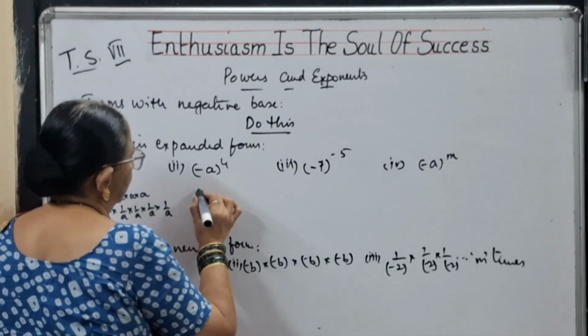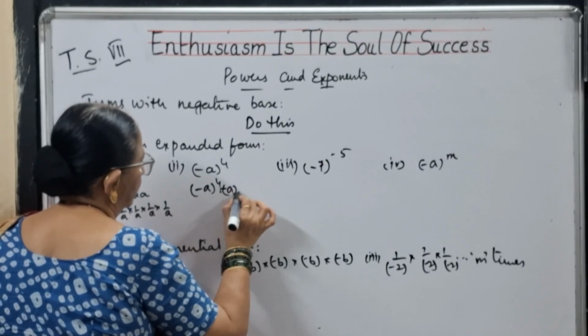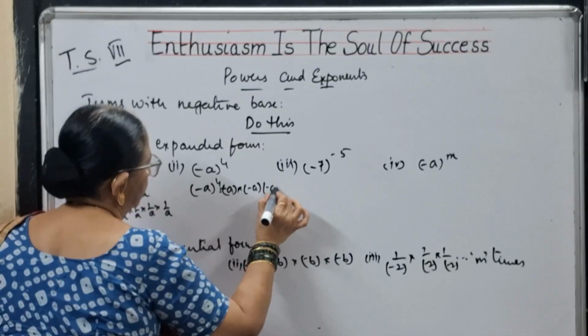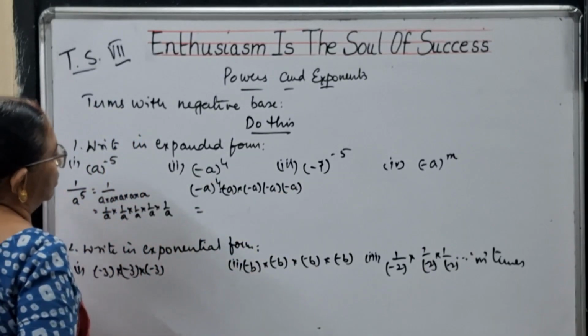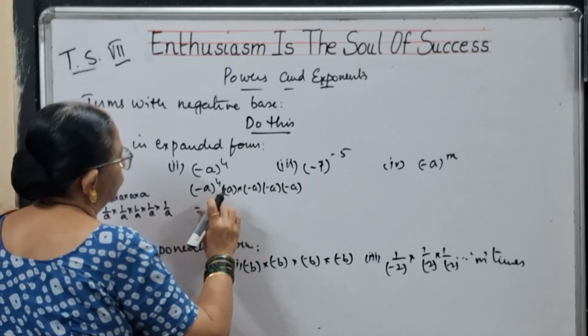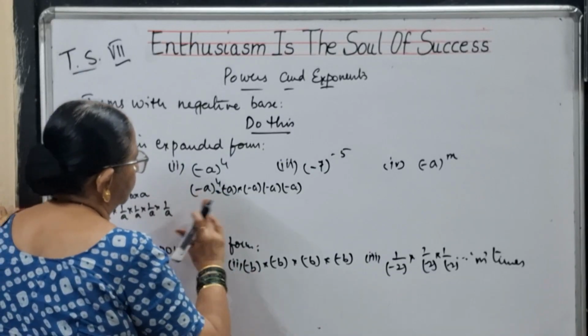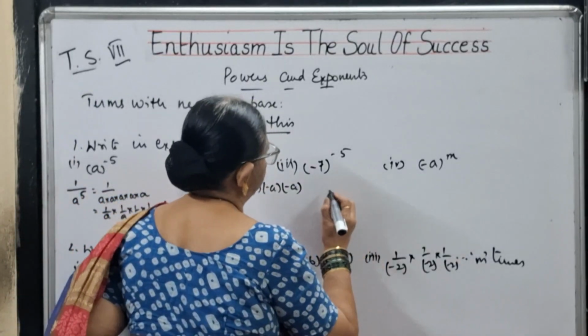Next, minus a whole to the power of 4 means minus a into minus a into minus a into minus a. How many times have you multiplied minus a? 4 times. Okay, this is the expansion form. Now minus 7 whole to the power of minus 5.